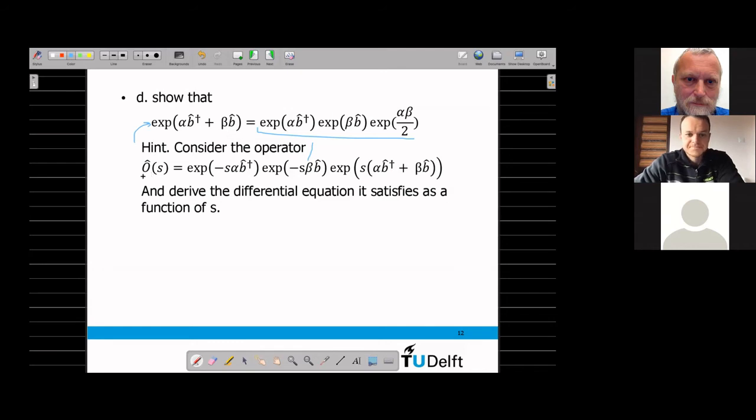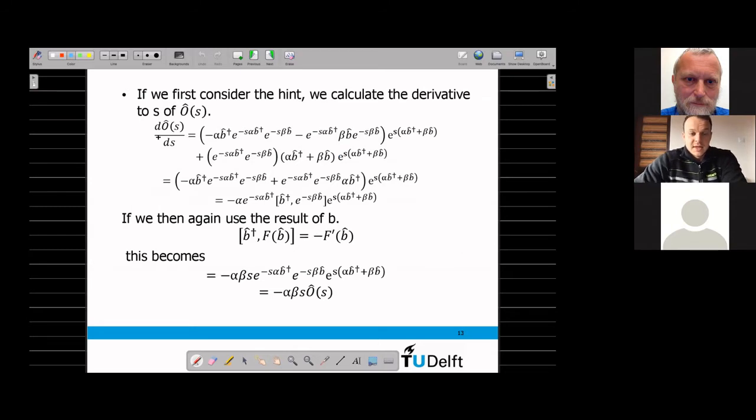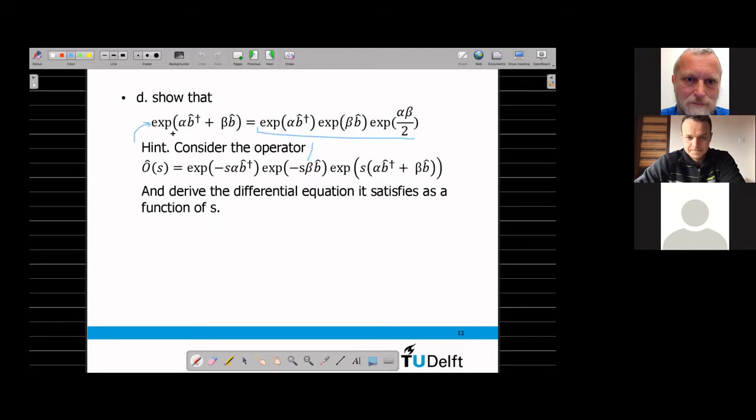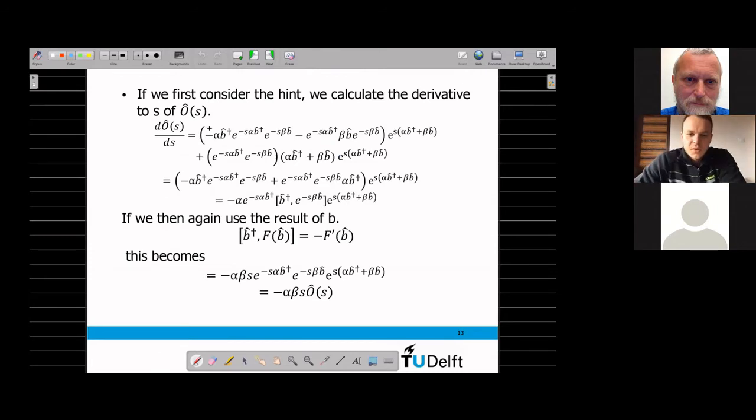So we use the hint. We take this operator O of S, and we take the derivative with respect to S. Here we take the derivative with respect to the first term, then the second term, right?